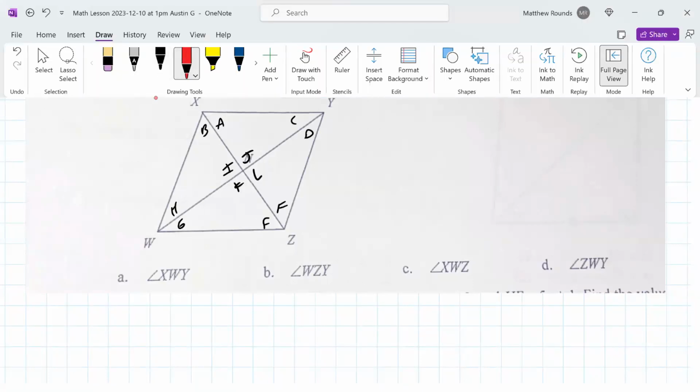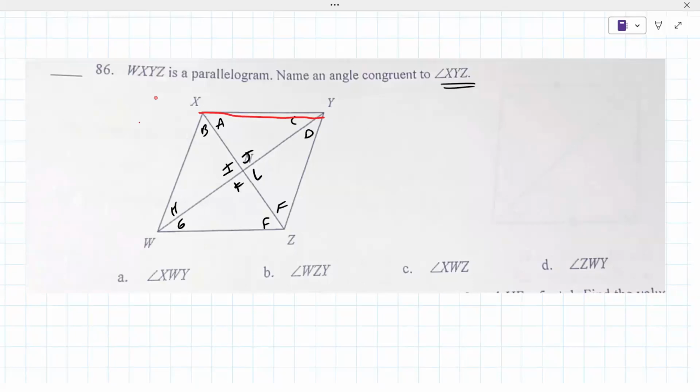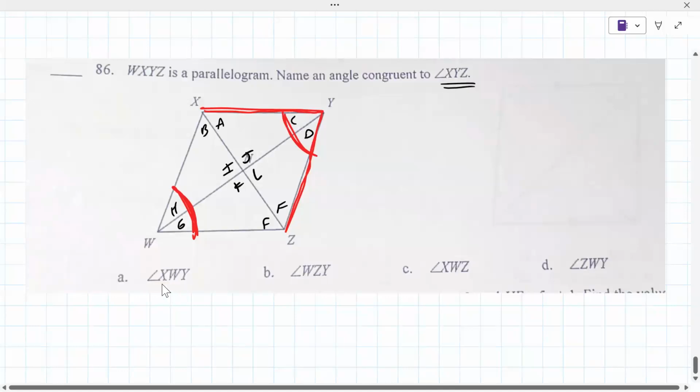Is it AF? So here I'm going to draw it, X to Y to Z. That's terrible. Let me do better. Okay, which two letters are in the vertex? C and D? Z and D. That's what I was looking for. The one across from it is this one. So look at each answer and decide which one makes a V around those.